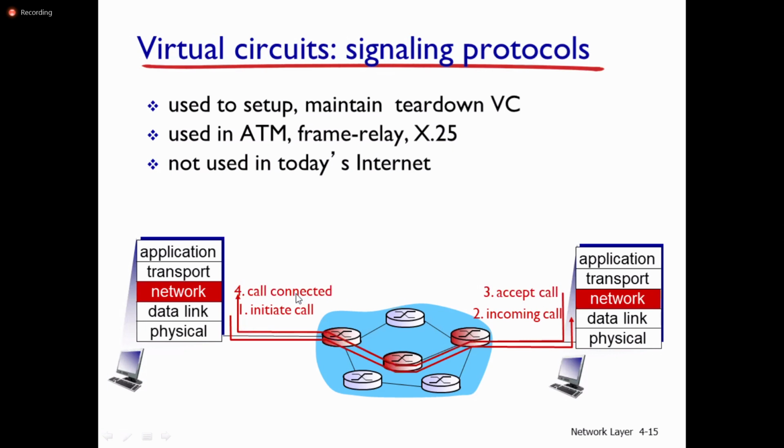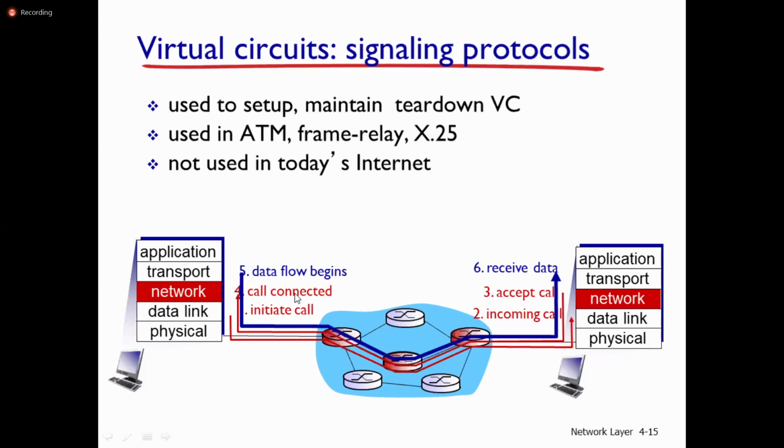Fourth is call connected. So initiate the call, incoming call at the other side, the other side accepts the call, and if it accepts, then the call is connected. The fifth is data flow begins from the sender side. Sixth is receive data. So this is about virtual circuit signaling protocols.